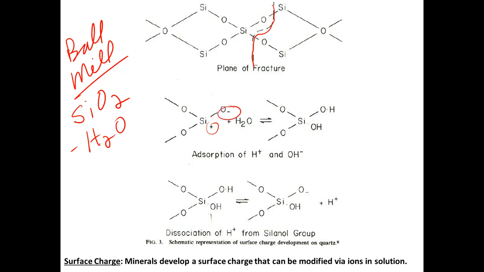We've got an anion, or negative charge, associated with that unsatisfied oxide bond. We're going to show this as a chemical equilibrium, so there's water present with these newly created surface. And we know that with an equilibrium reaction, there's a forward and backward reaction, shown here.